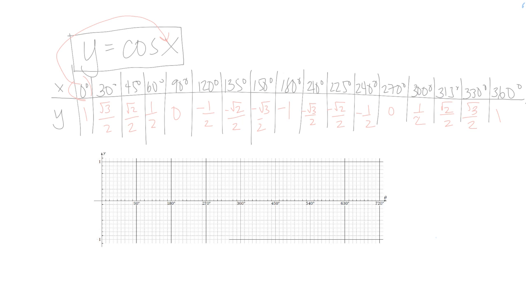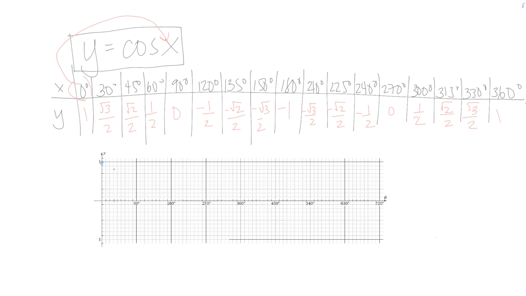So to start off at 0 degrees, we have a point at 1. So the point is 0, 1. Then remember that root 3 over 2 is approximately 0.866. So at 30 degrees, I'm going to go to approximately 0.866, which is somewhere around there.